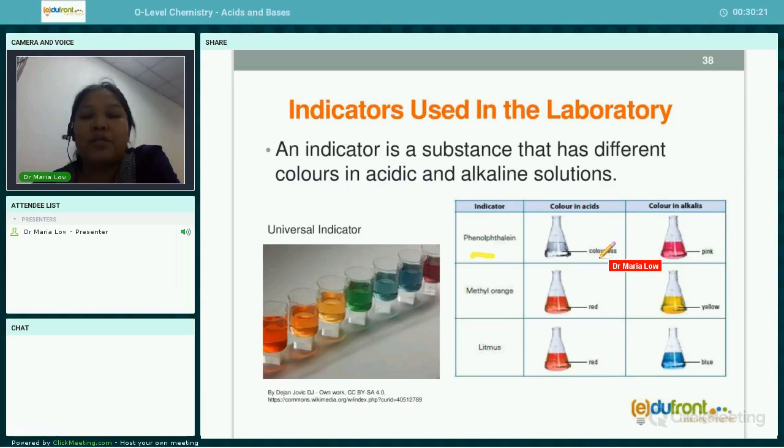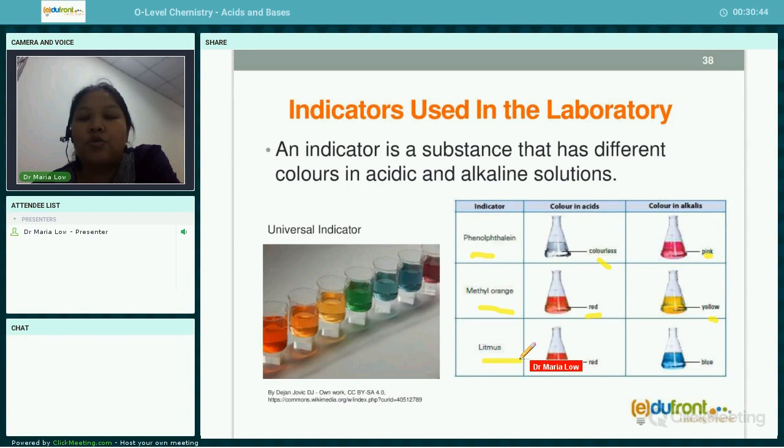Phenolphthalein will be colorless in acid solution, but it will be pink in the presence of alkalis. Another common indicator is methyl orange. Methyl orange will be red in acids, but it will give you a yellow color in alkalis.